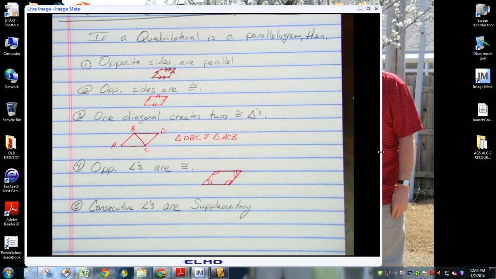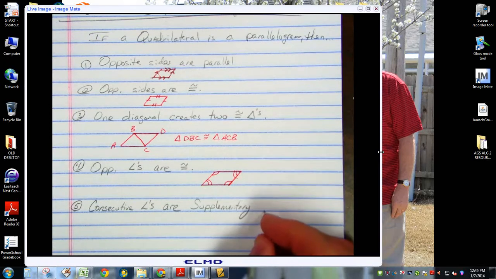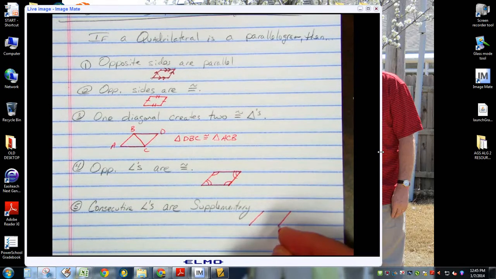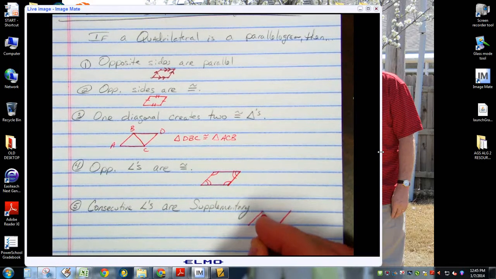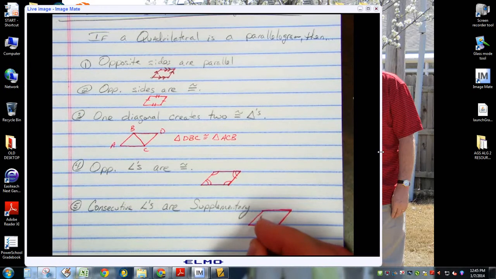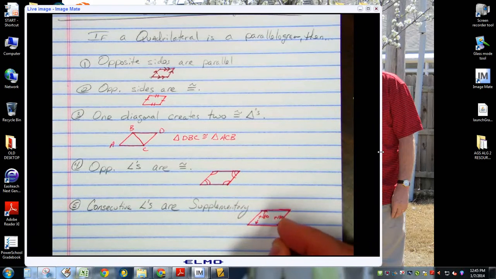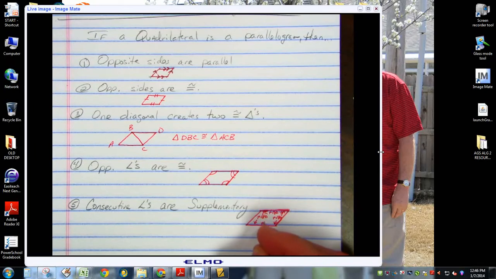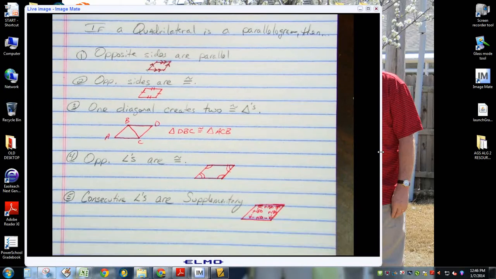Supplementary. Right? If they're on top or beside each other, they add to 180.